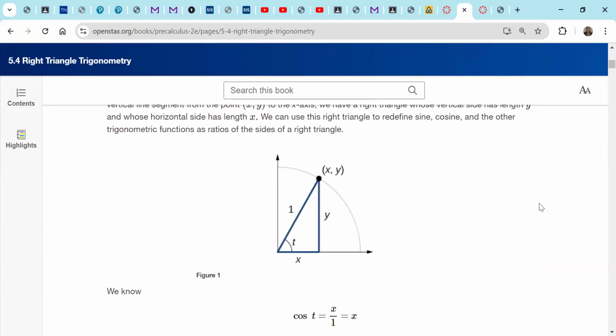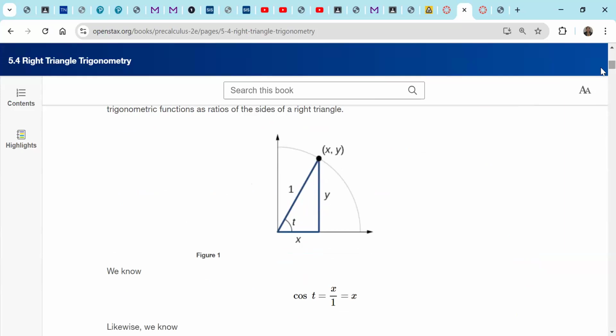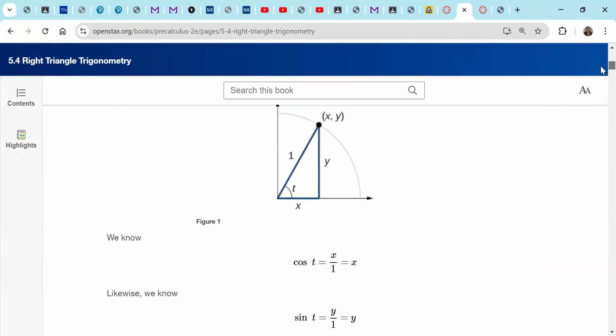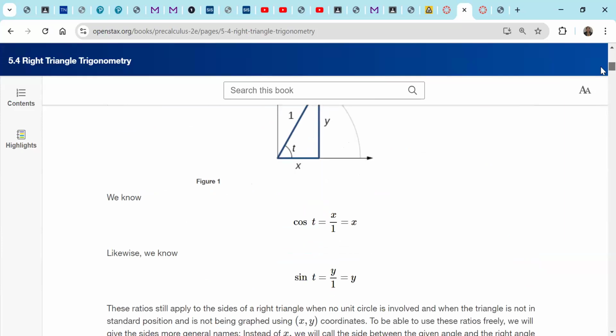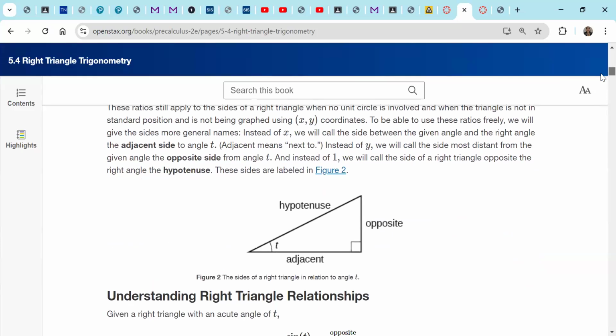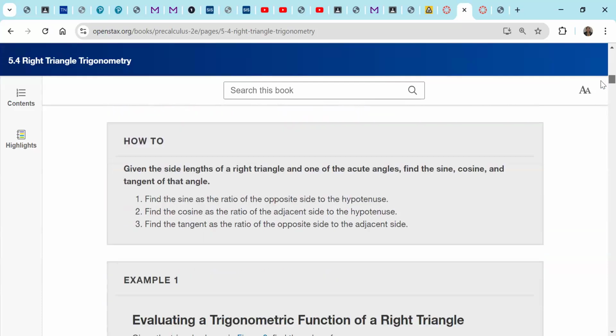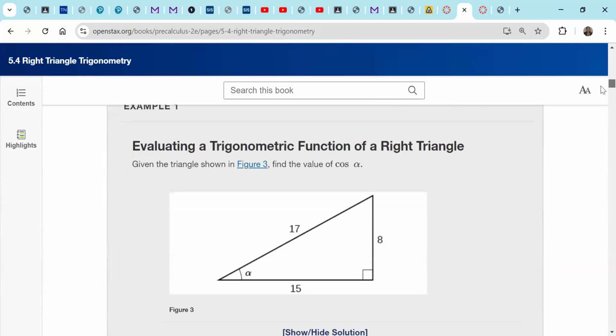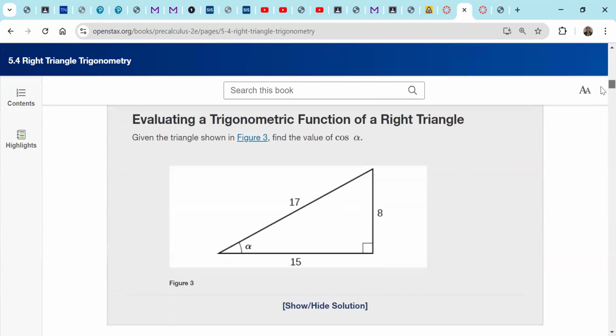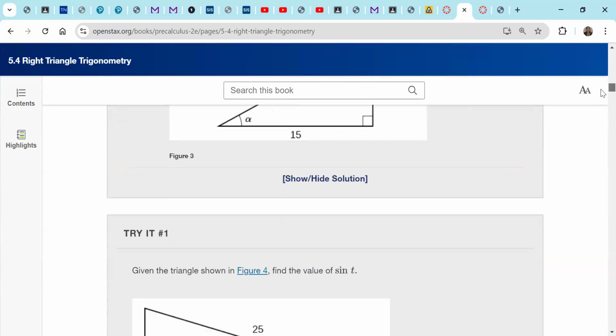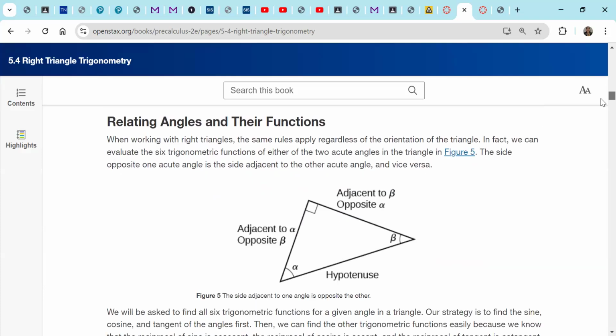This is x, y. So the cos is adjacent over hypotenuse, x over 1. They're showing the cos value. Likewise, the sine is opposite over hypotenuse, so y over 1. Then they're showing all the trig ratios for that, and then evaluating the trigonometric functions at the right triangle, the 90-degree triangle. That's what we're going to do.